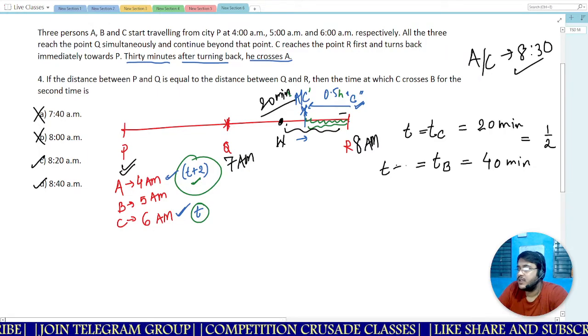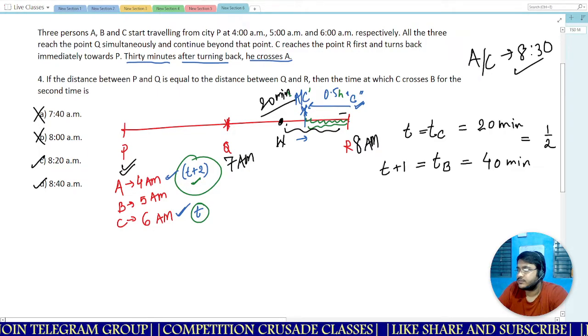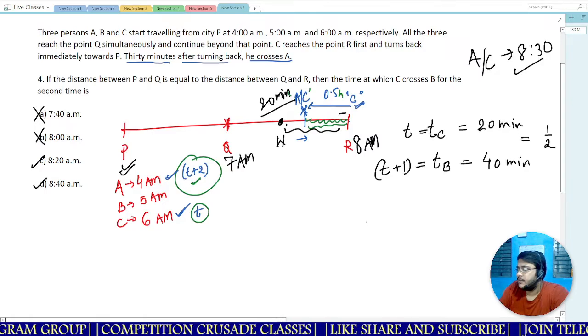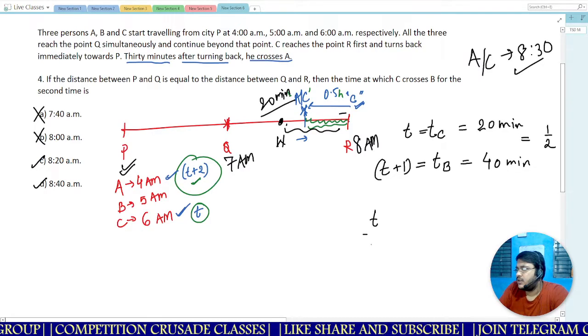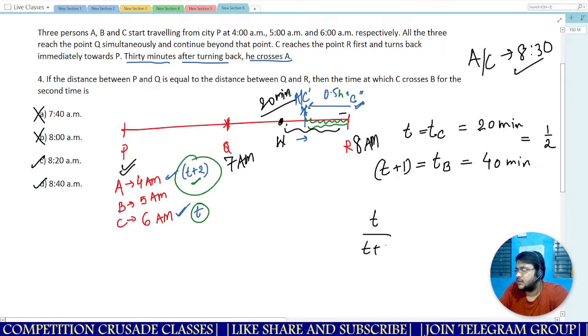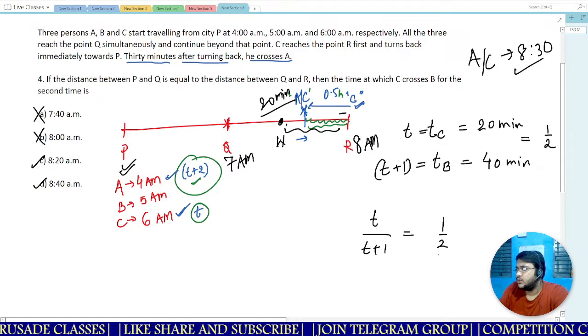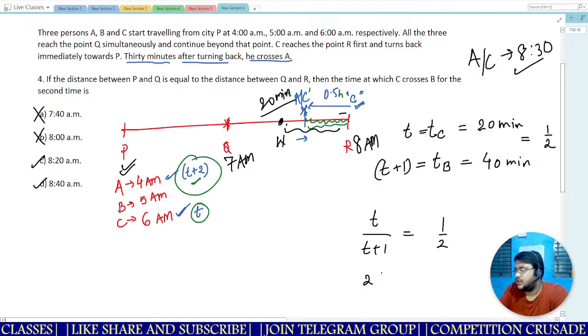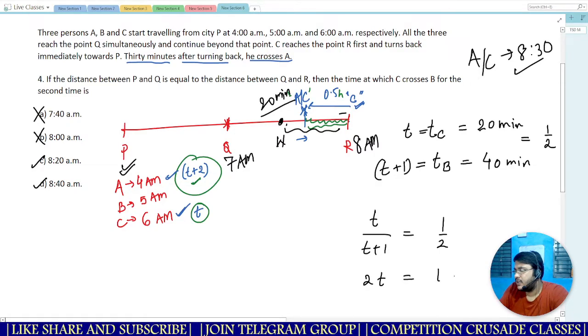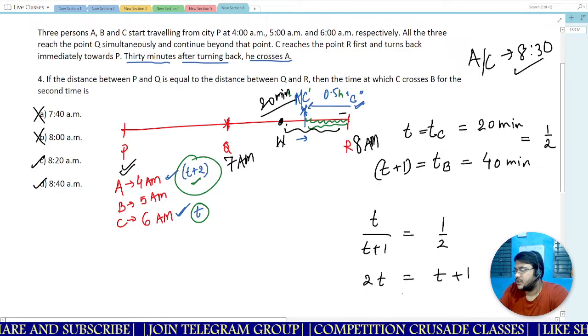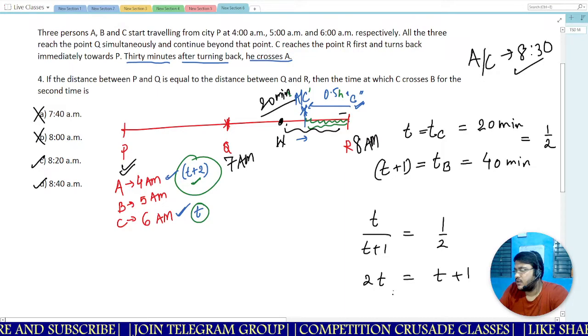This one is going to be T plus 1. So let's see. I'll just substitute. So T upon T plus 1 is equal to 1 upon 2. If you do your cross multiplication, you will get 2T is equal to T plus 1. 2T minus T is equal to 1. So T is equal to 1.